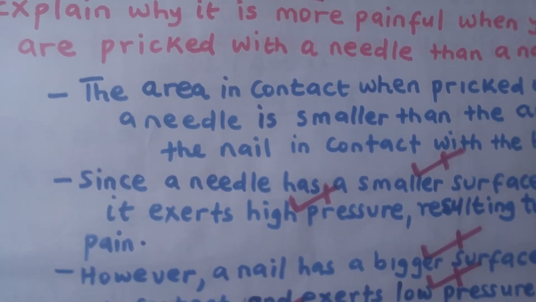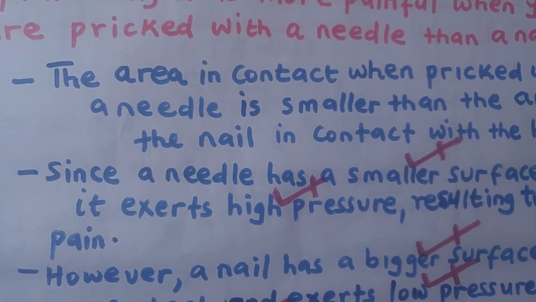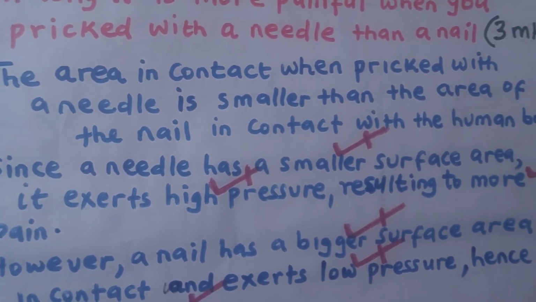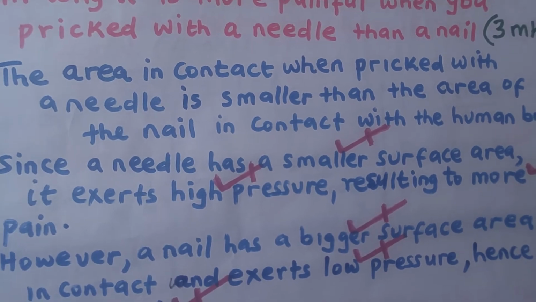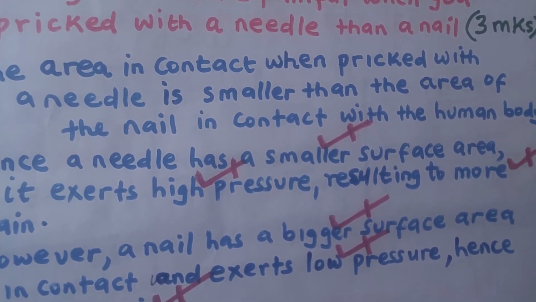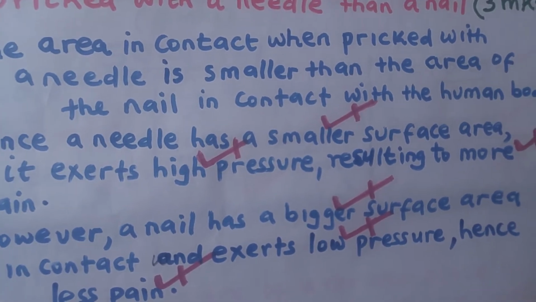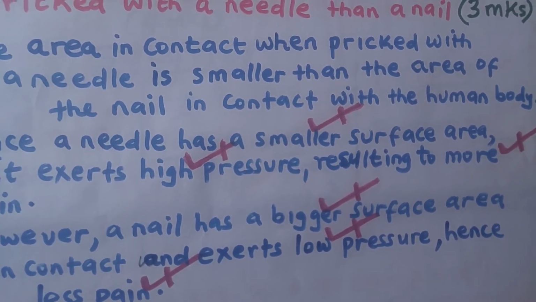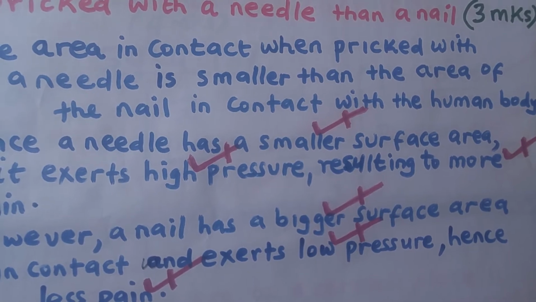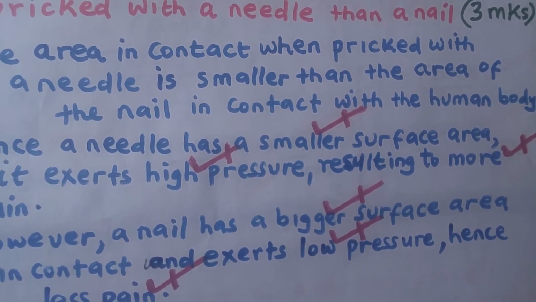So you say, the area in contact when pricked with a needle is smaller than the area of the nail in contact with the human body. You see? When you look at the needle and the nail, which one has a smaller area? It is the needle. So we are comparing the area.